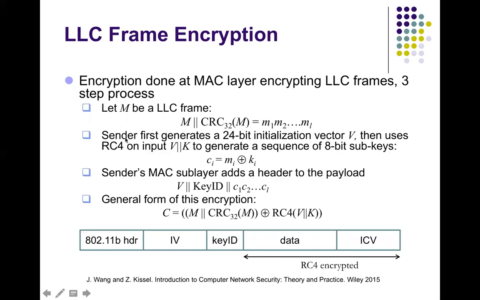So then the STA, which is the sender, first generates a 24-bit initialization vector, V, as we said earlier, then uses ARC4 on this input. Again, K is a shared WEP key between a legitimate STA and the AP it belongs to.